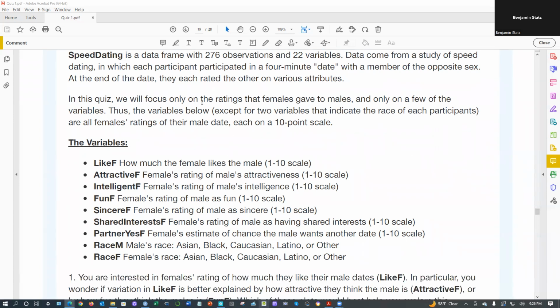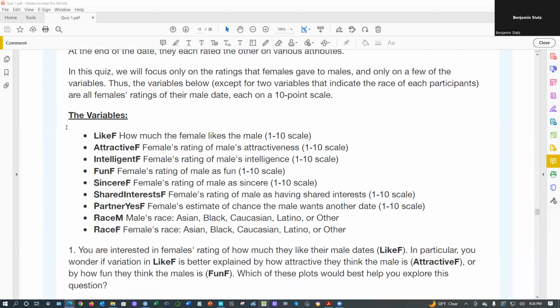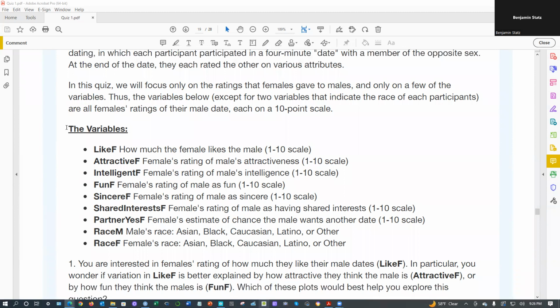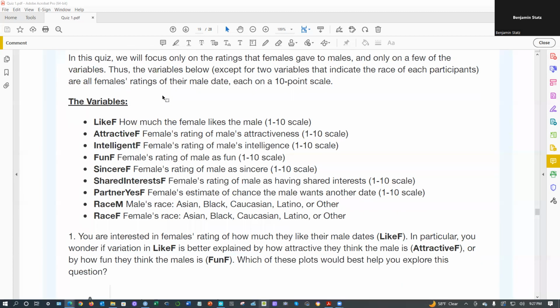In this quiz, we will focus only on the ratings that females gave to the males, and only on a few of the variables. Thus, the variables below, except for 2 variables that indicate the race of each participant, are all females' ratings of their male date, each on a 10-point scale. For example, how much the female likes the male.